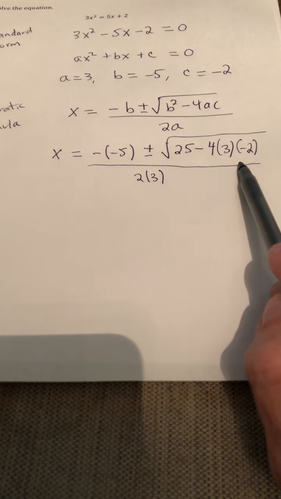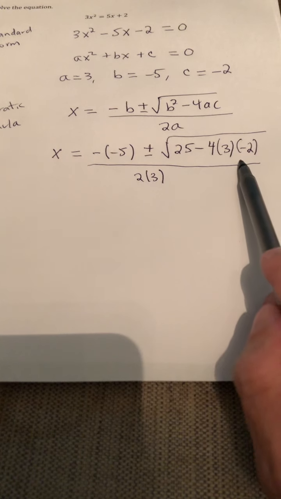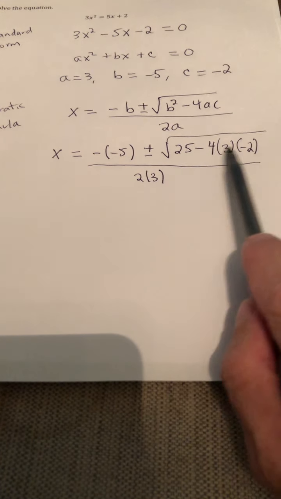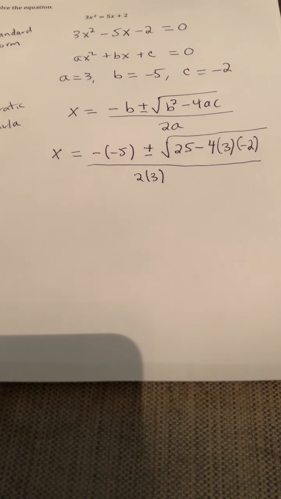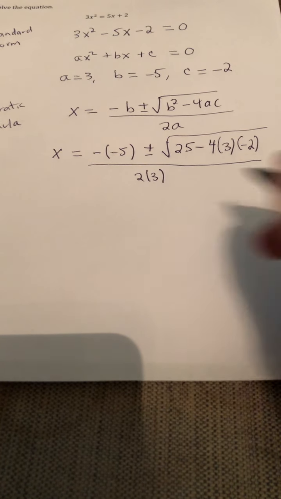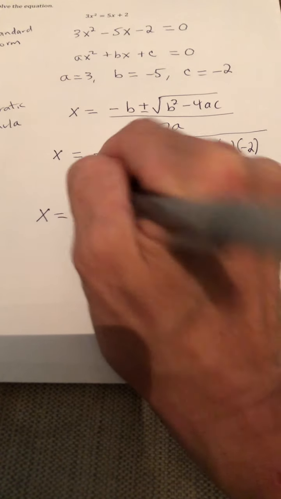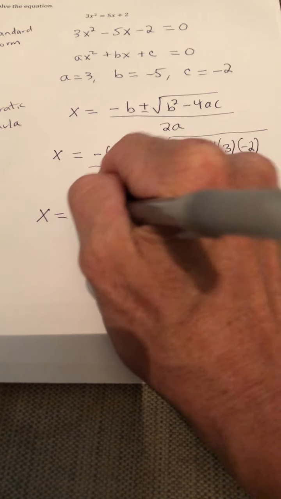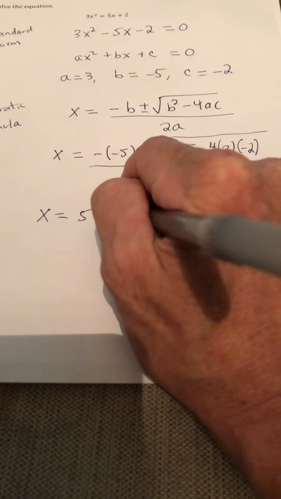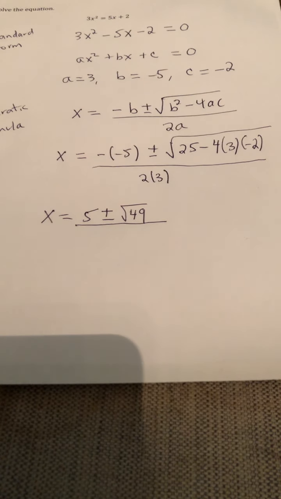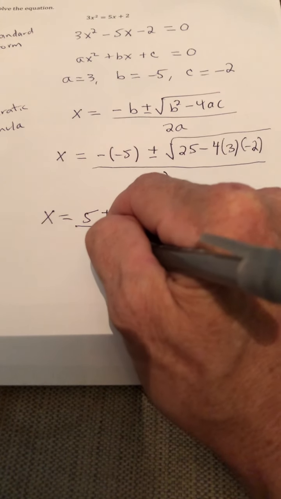So take a minute or 30 seconds, whatever it takes, and verify that what we end up with here is actually the square root of 49. So I have x equals 5 plus or minus the square root of 49, all over 2 times 3, which is 6.